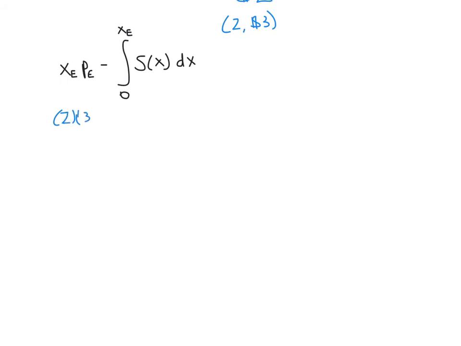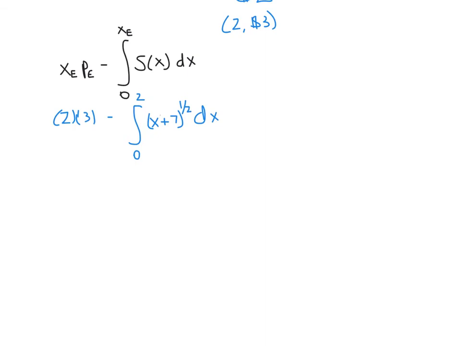and then we're going to subtract the integral from 0 to 2 using our supply function, which is the square root of x plus 7 dx. Now since we're integrating, I'm going to rewrite the square root using exponents. So that's going to look like (x plus 7) to the 1/2 power as our integrand.